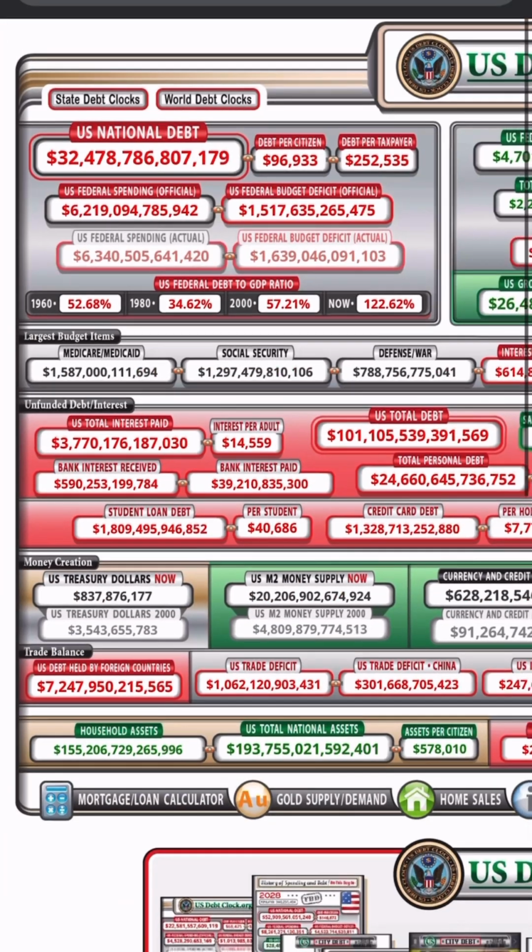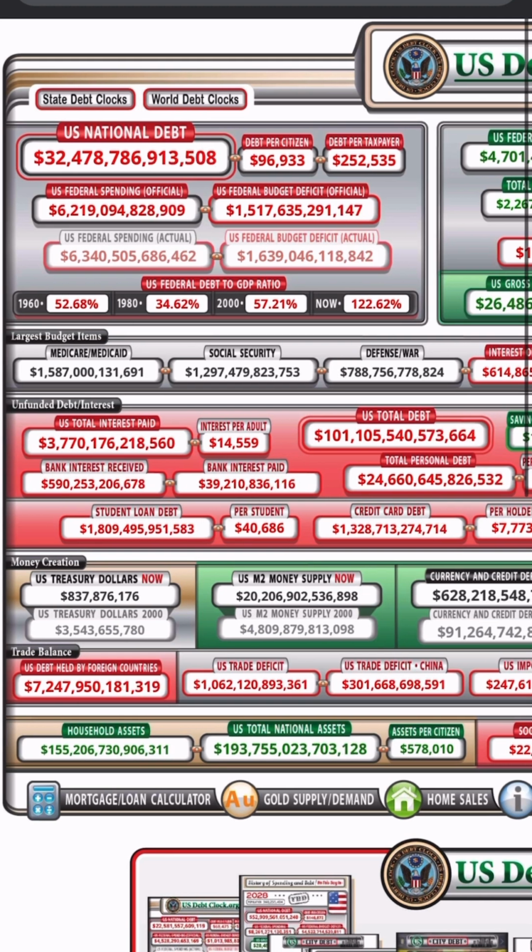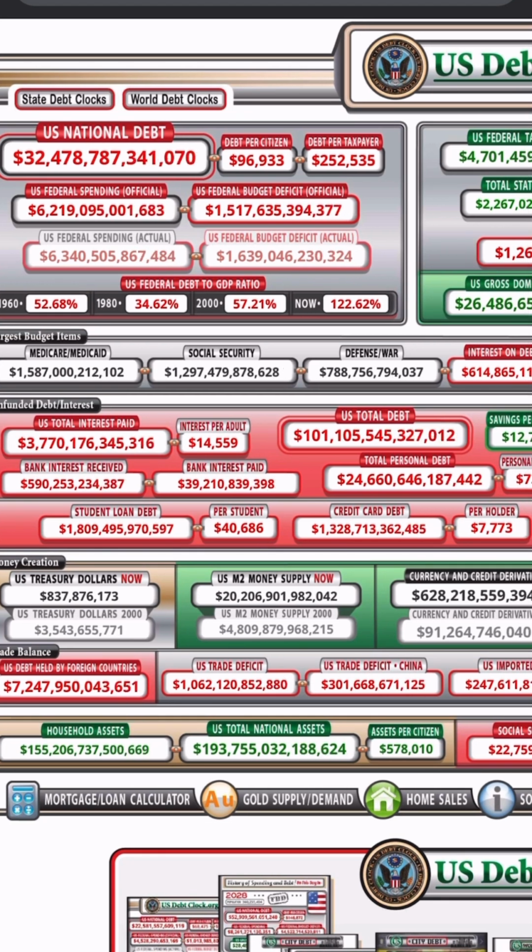Now we go down to the next one, which is unfunded debt and interest. U.S. total interest paid is $3.7 trillion, about $14,000 per person. And then our U.S. total debt, this is very interesting. This is $101 trillion of unfunded liabilities.